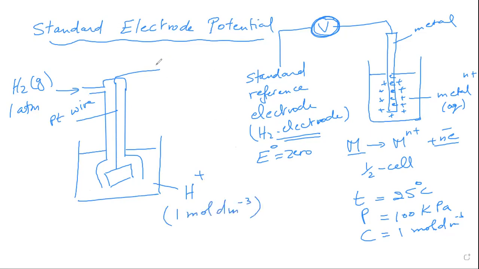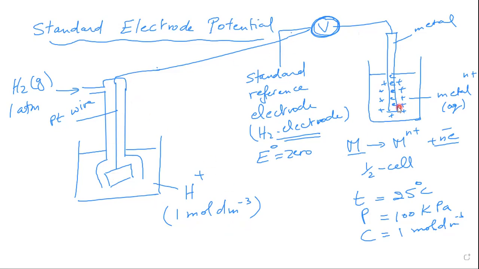And we connect these two electrodes together. We connect the metal ions electrode with this hydrogen electrode. The pressure of hydrogen gas should be 1 atmosphere or 100 kilopascal, and the solution of hydrogen ions in which it is dipped has a concentration of 1 mole per decimeter cube.